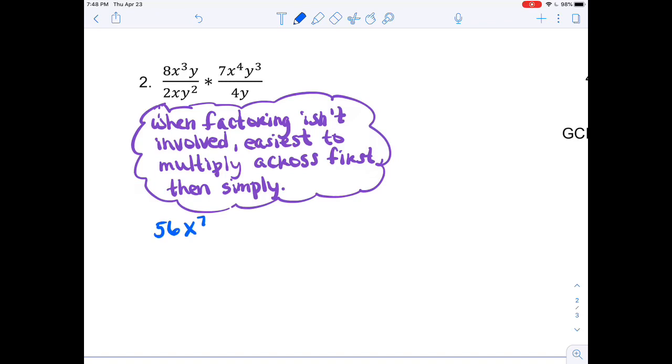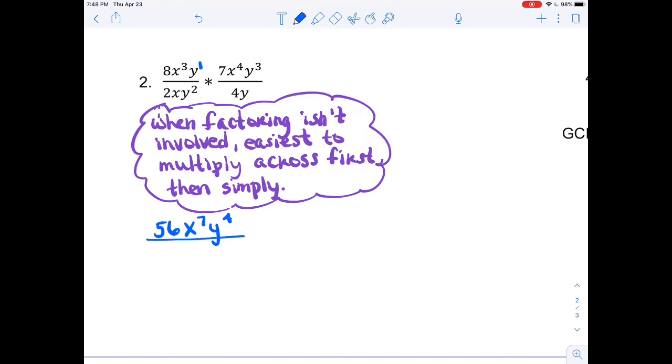And then my y's, I have a y to the first and a y to the third. So I'm going to take 1 plus 3 and get y to the fourth. We used the M and A of MADSPAM here, the first two letters. We multiplied and we added our exponents.